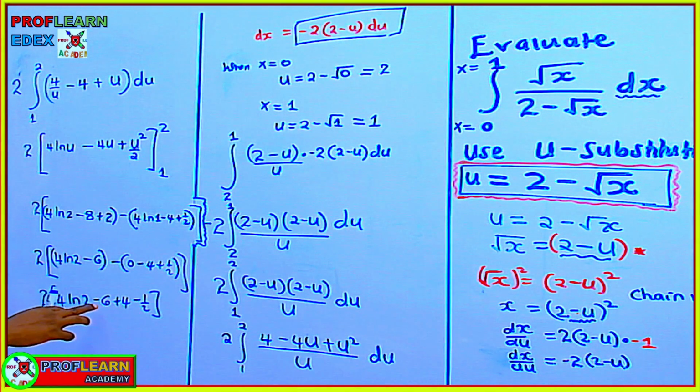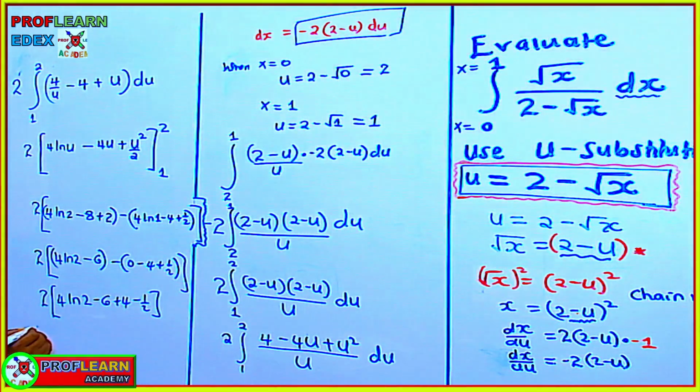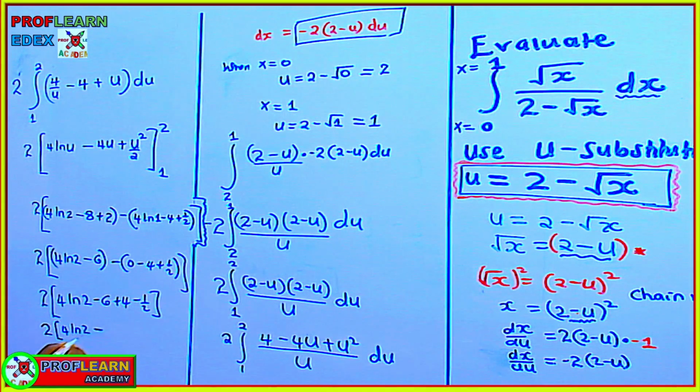So let us see, minus 6 plus 4, that will be negative 2. Negative 2 minus 1 over 2, reducing to 4 ln of 2 minus, this is going to translate to 5 over 2, right?